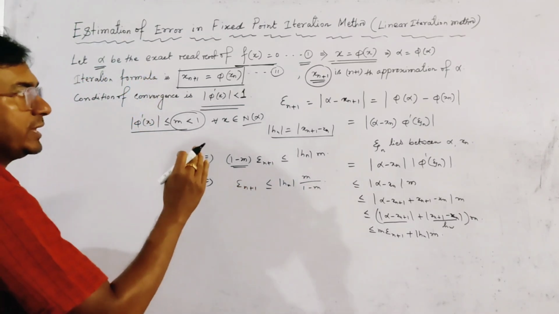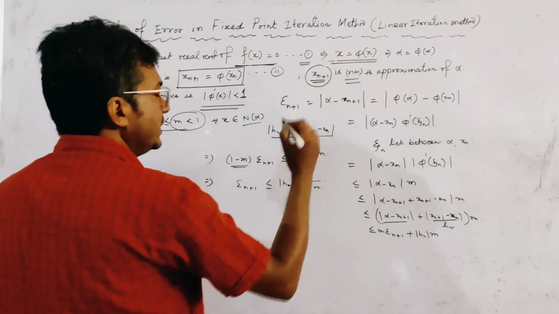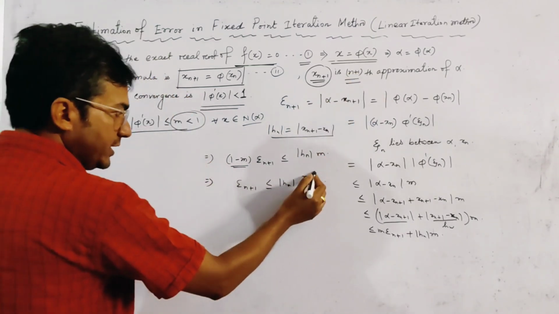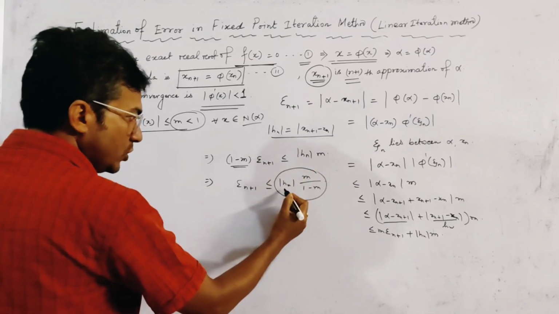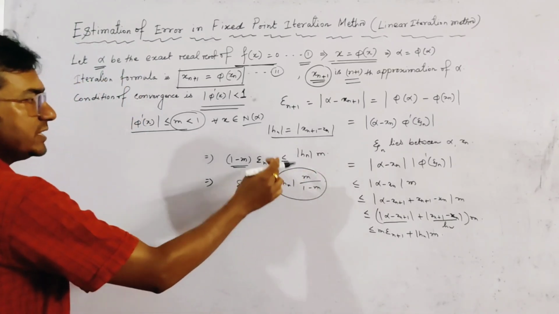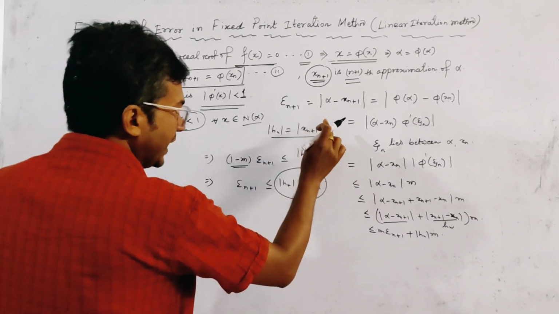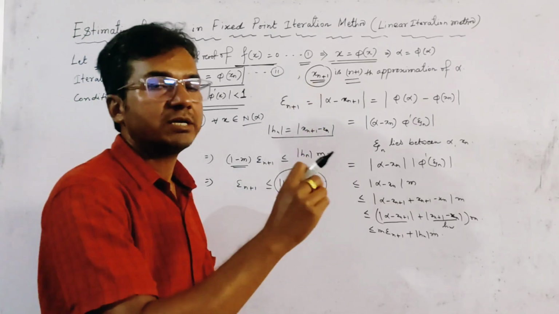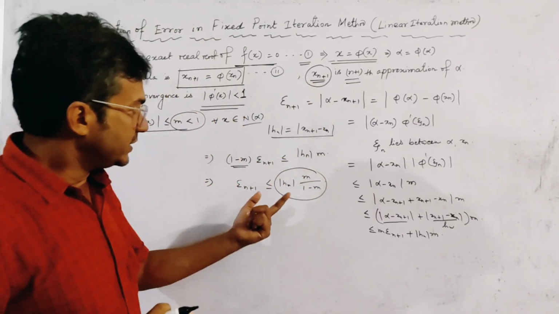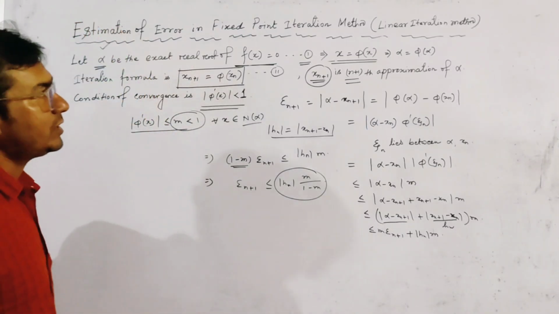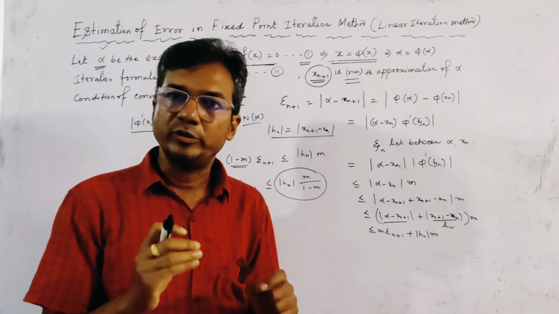At the stage of the (n+1)th approximation, the maximum error in this method is given by this. The value h(n) is the difference of the (n+1)th approximation and the nth approximation of the exact root. This is the expression for the error estimation of the fixed point iteration method.